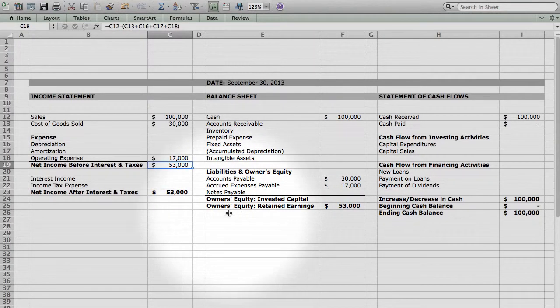So here your net income of $53,000 matches your retained earnings of $53,000. But since you haven't paid out this money as of September 30th, you still have $100,000 of cash in the bank ready to spend. But very importantly, you need to remember and you need to know that $47,000 of that is committed.